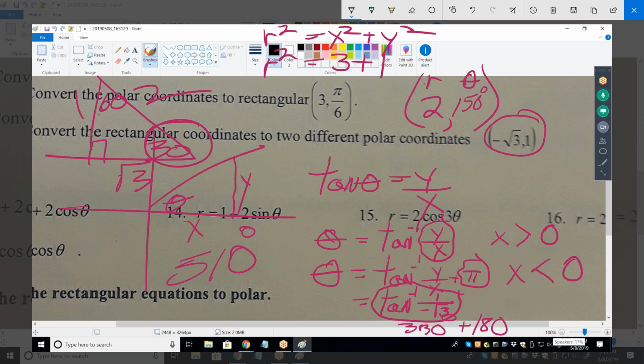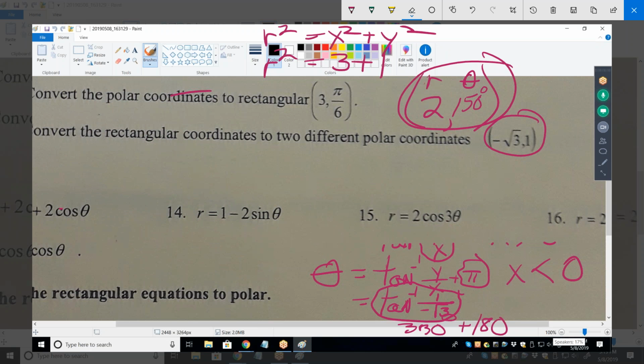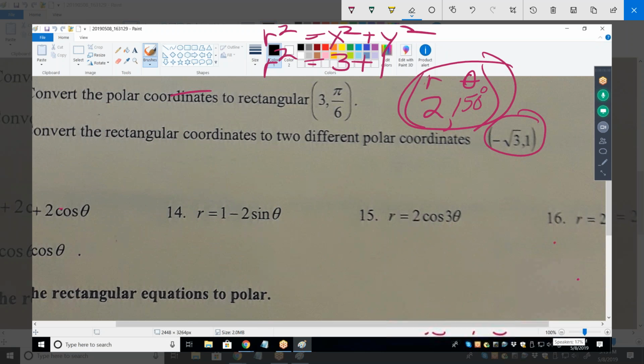Okay? So, that is one answer right there. Now, they said they wanted 2 answers. Well, in all polar coordinates, you actually have an infinite number of answers. You do. Let me show you why.